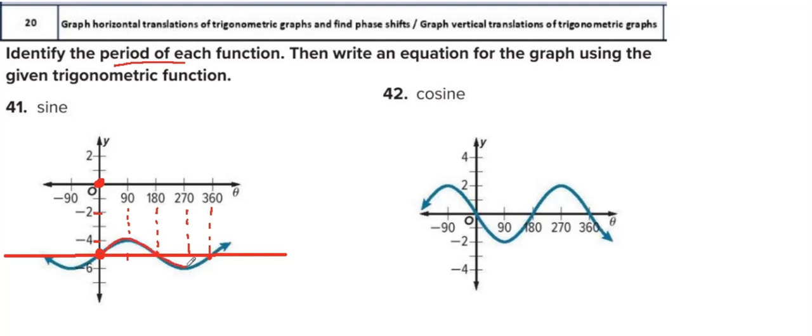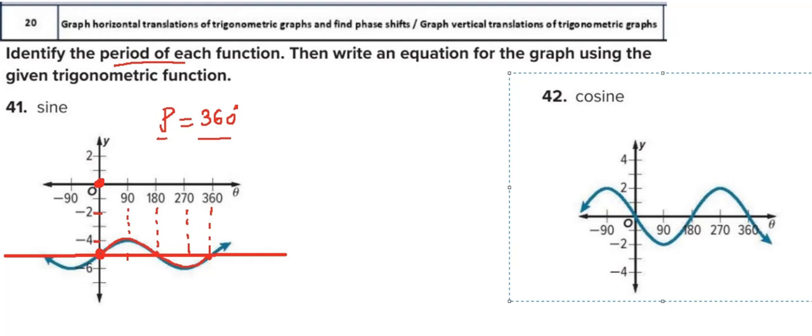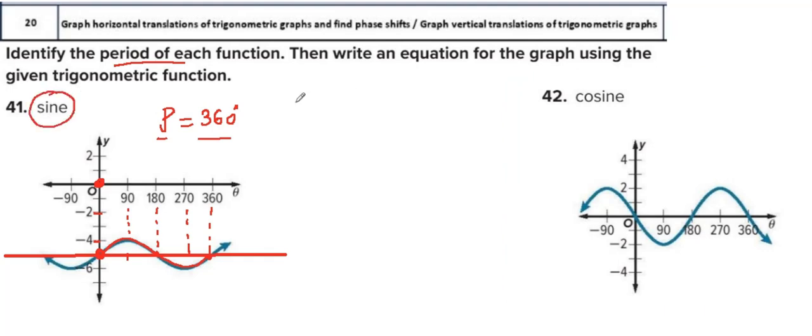One cycle completes at 360, so the period is 360 degrees. And how do we write the equation? They are asking for the equation. They have already written sine, so we write a sine b x minus h plus k.